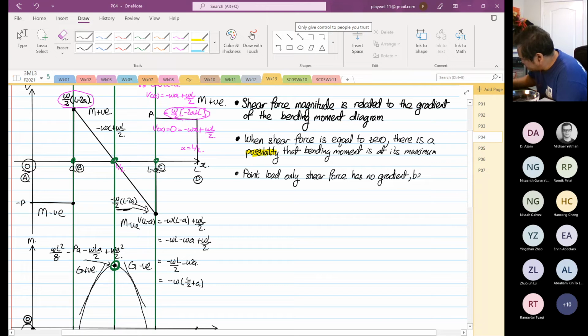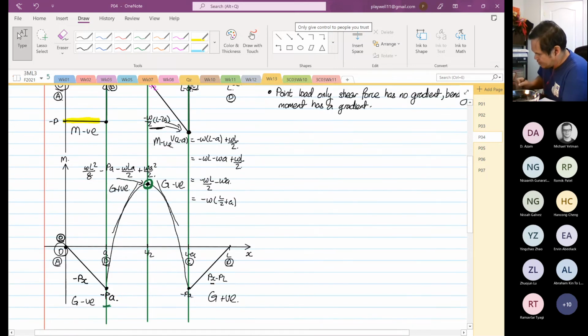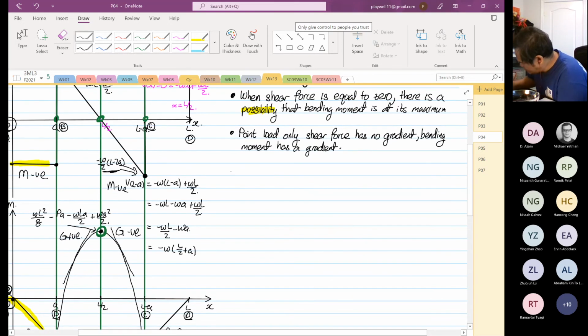Bending moment has a gradient. As you can see over here, I'm going to highlight from A to B, there's only point load, and the bending moment is a slope.